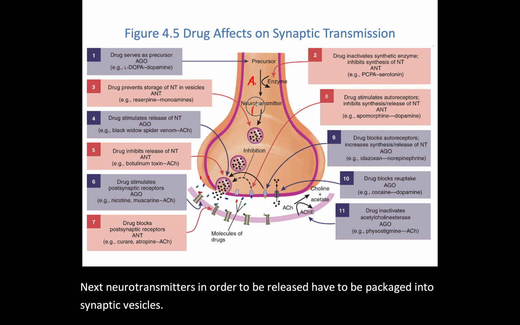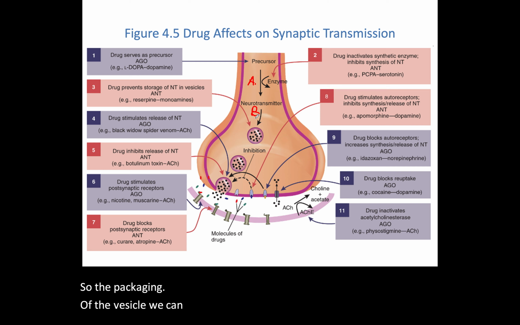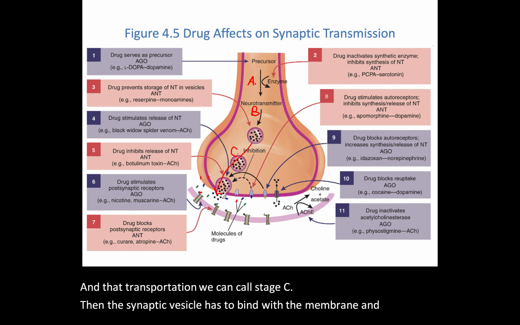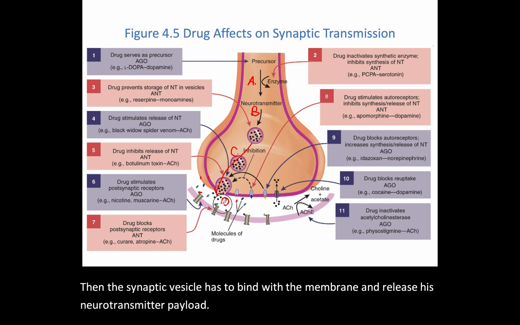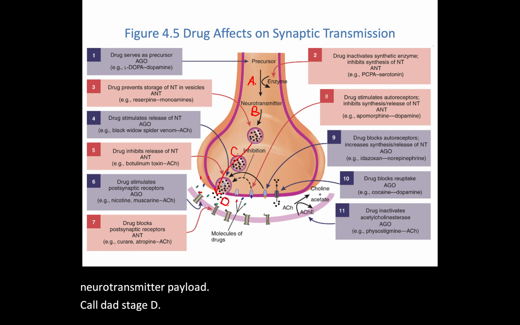So the packaging of the vesicle we can call stage B. Now, when an action potential occurs, we release synaptic vesicles, and these vesicles have to now be transported to the membrane, and that transportation we can call stage C. Then the synaptic vesicle has to bind with the membrane and release its neurotransmitter payload, called stage D. Then the neurotransmitter has to go and bind with the receptor. Let's call the binding with the receptor stage E.